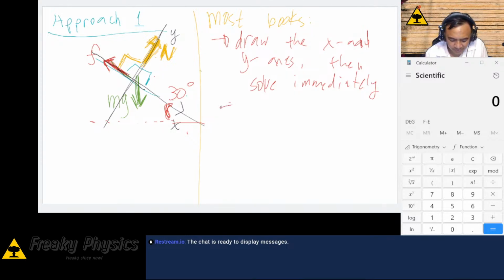Now, again, the problem here is that most students who are just starting usually struggle with identifying where the angle theta is.